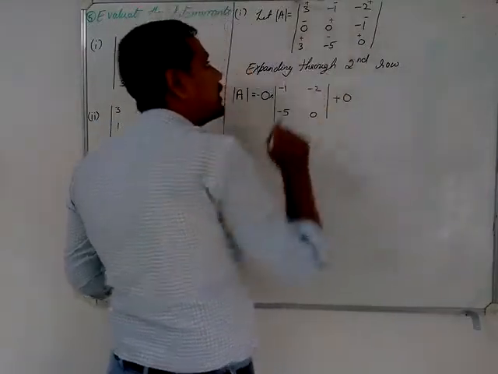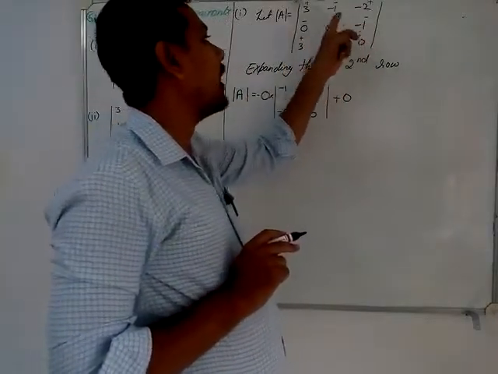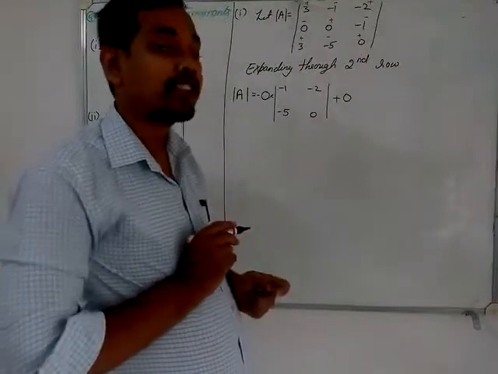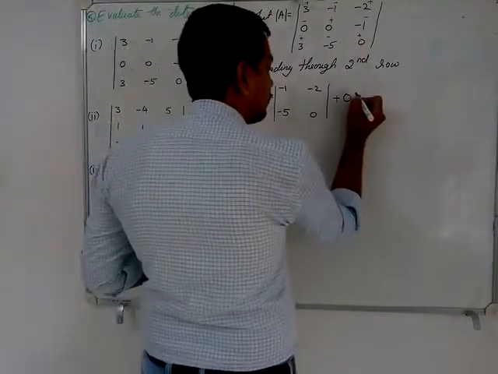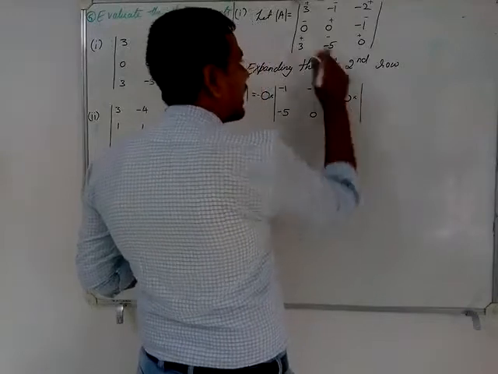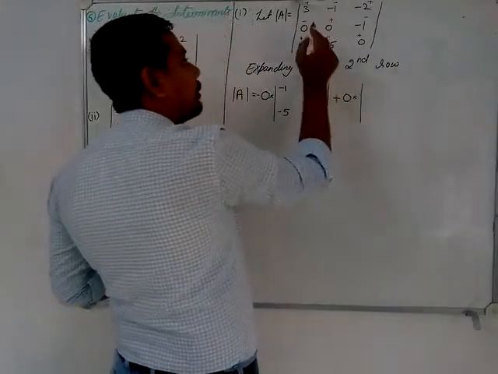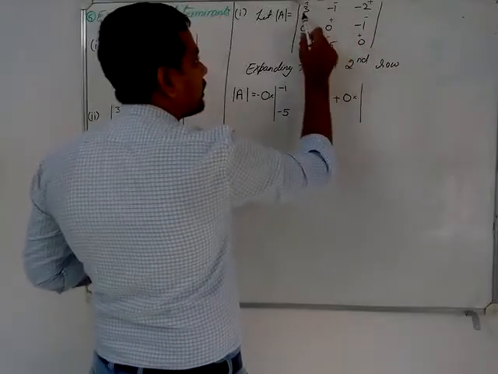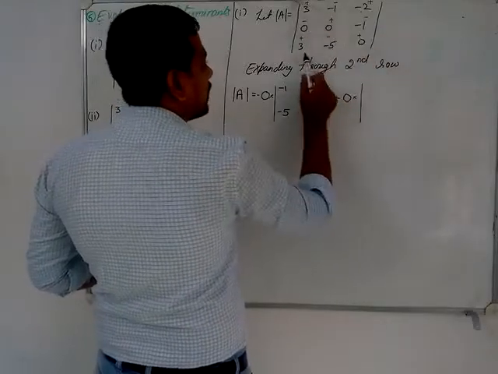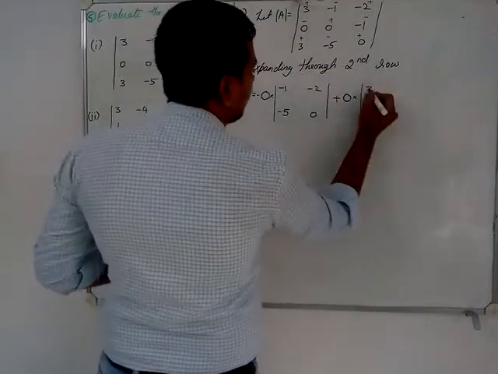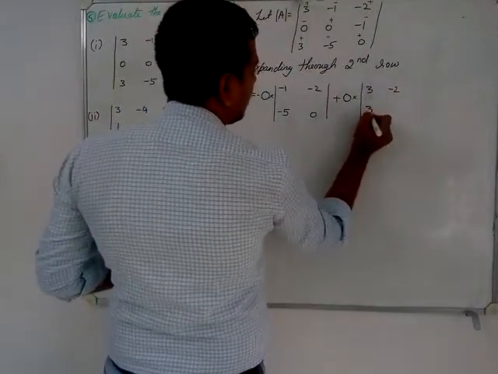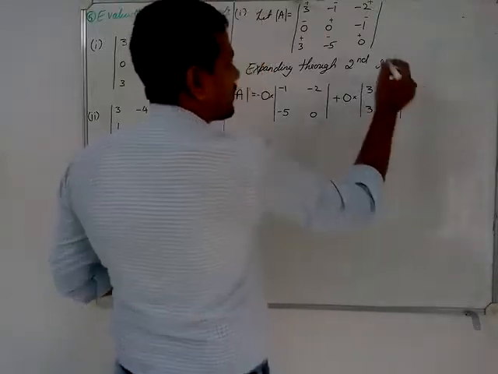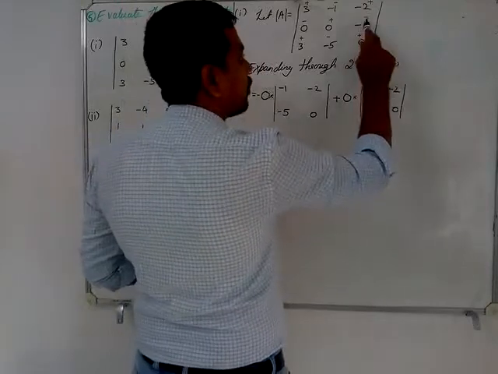This 0 is in the second row and also in the second column. Neglecting the second row and second column, what will be left? 3, minus 2, 3, 0. Fine. Next, what sign is there here?